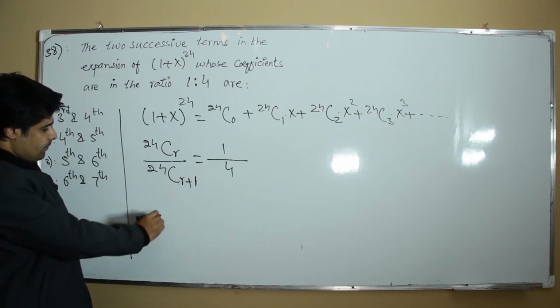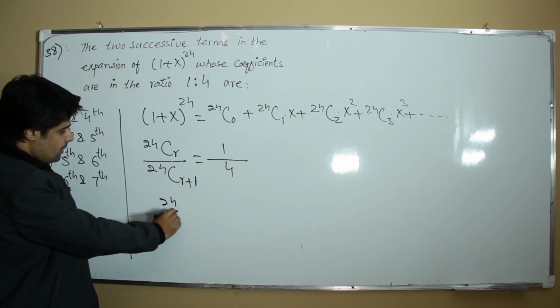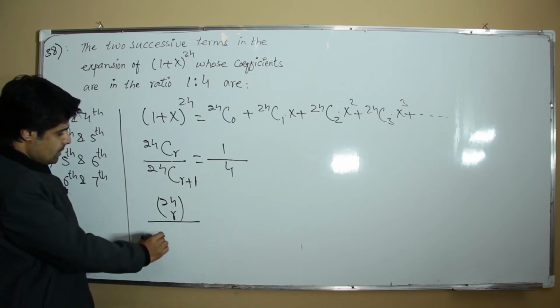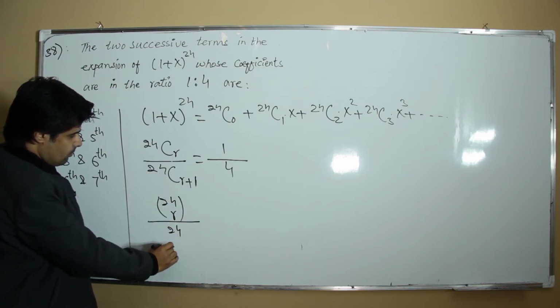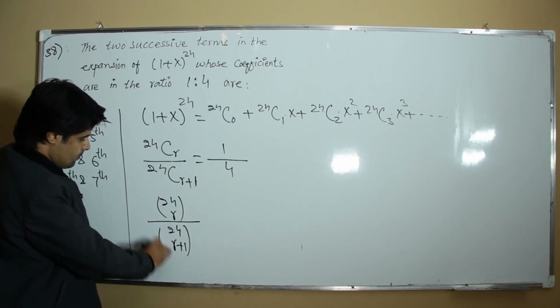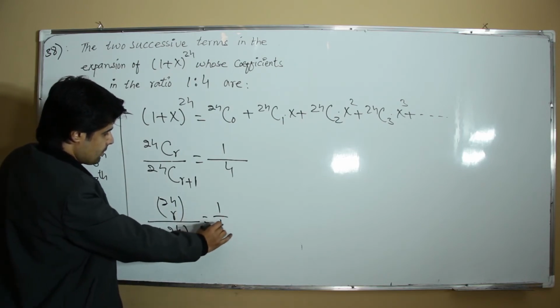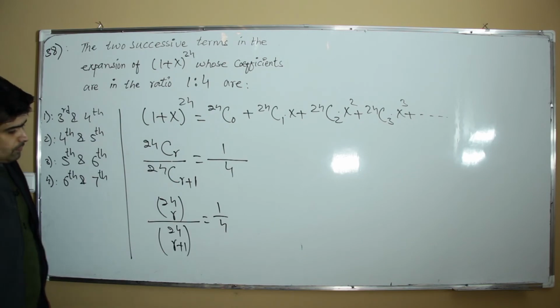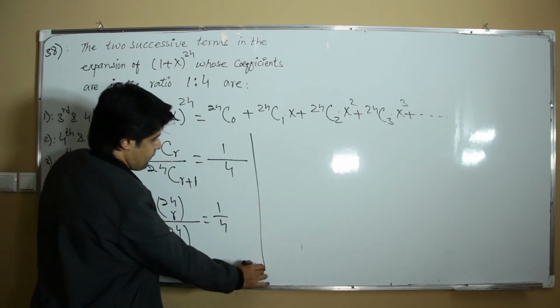24Cr over 24C(r plus 1) equal to 1 divided by 4. Now you can simplify.